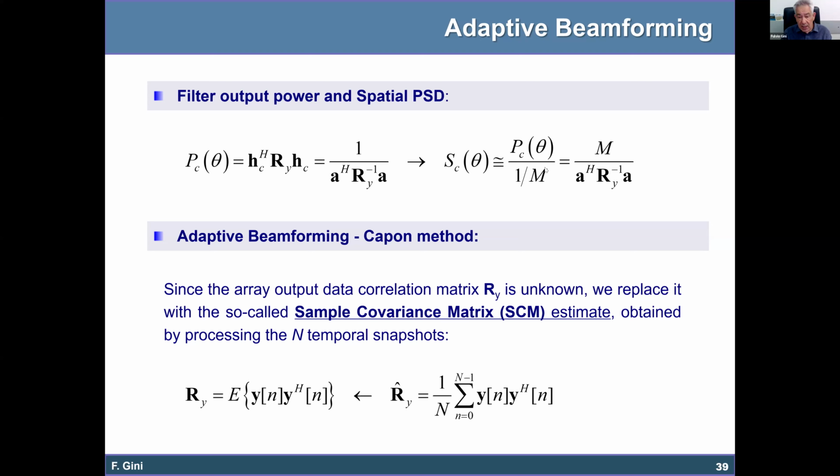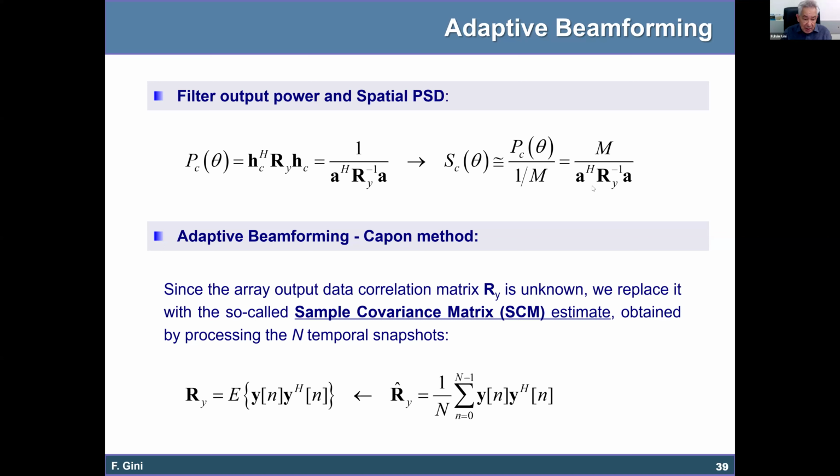If you divide by the bandwidth of the filter, which is on the order of the reciprocal of the length m, you find the spatial power spectral density, and it depends on the angle because A depends on the angle.